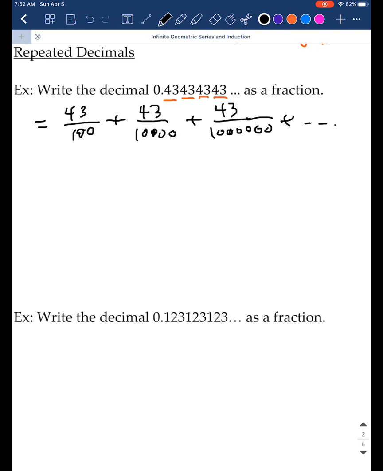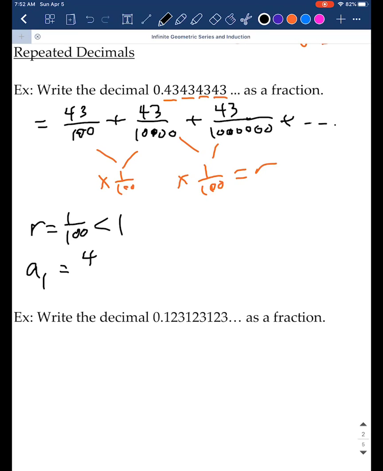And so then we can note that between each of these terms, we're multiplying by 1 over 100. All right, so that is going to equal our common ratio. So if r is 1 over 100, that's clearly less than 1.